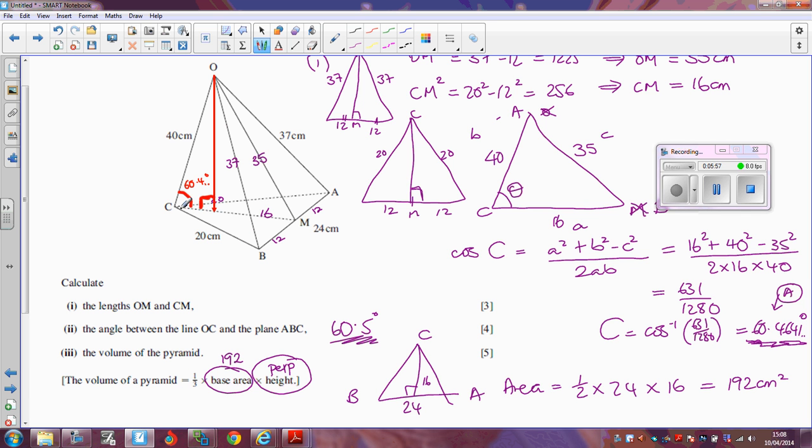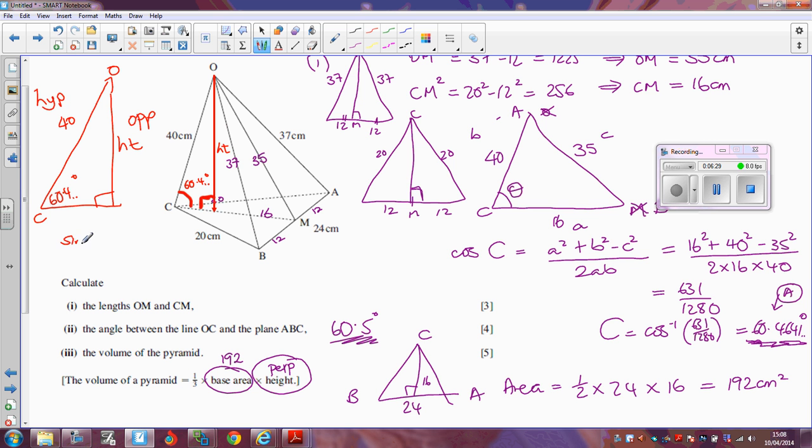And if I just have a look at this triangle here, the height that I need, let's call that height. Okay, the height that I need is this distance here. And I can actually use the triangle here, so that's 40 centimeters, that's O, that's C, and this is height, so that is a right angle, and this then is my 60.4 or so degrees. Okay, so I can use normal SOHCAHTOA trigonometry now, where this is the opposite, and this is the hypotenuse.